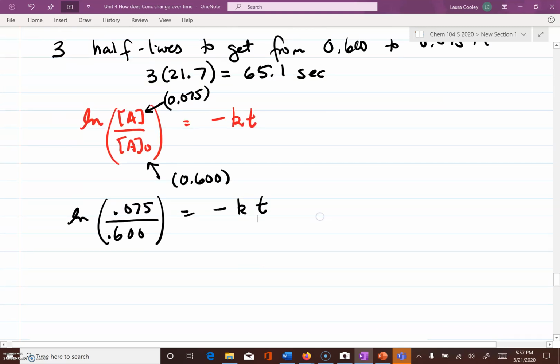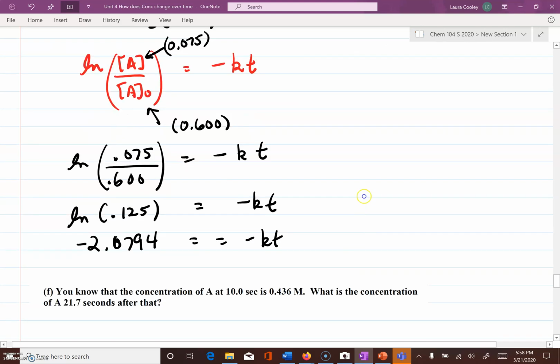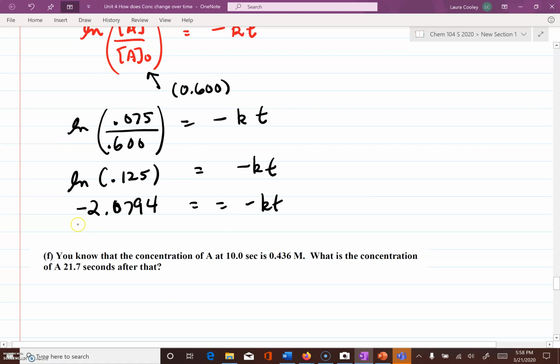So let's calculate what this is first. 0.075 divided by 0.6 is 0.125. So the log of 0.125, which is negative 2.0794. I'm keeping a lot of figures. I don't want round off error. Is minus KT. So we know what K is. I'm going to divide both sides by minus K. So then the T will be, well, let's get rid of the negative signs. You can cancel them.